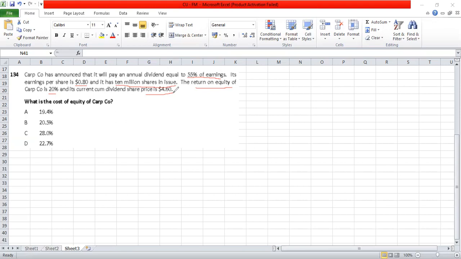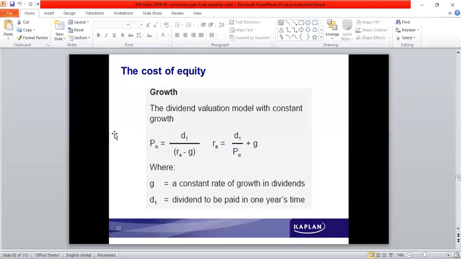What is the cost of equity formula? Do you remember what is cost of equity formula? Cost of equity is equal to, dividend into 1 plus growth, because it is D1 by P0 plus g.